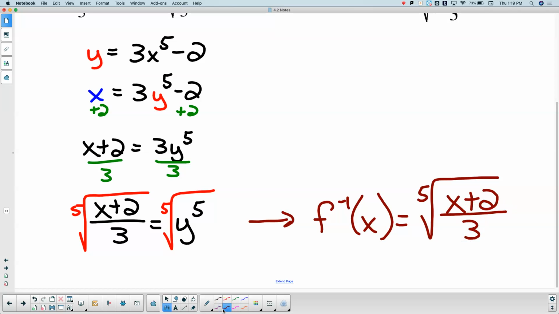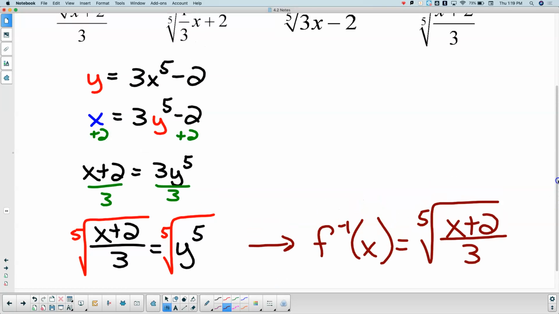Now, if we wanted to get fancy, we'd clear that radical in the basement. But with inverses, I'm okay with radicals downstairs. It's the only time that I'm okay with it. So that one ended up being D.